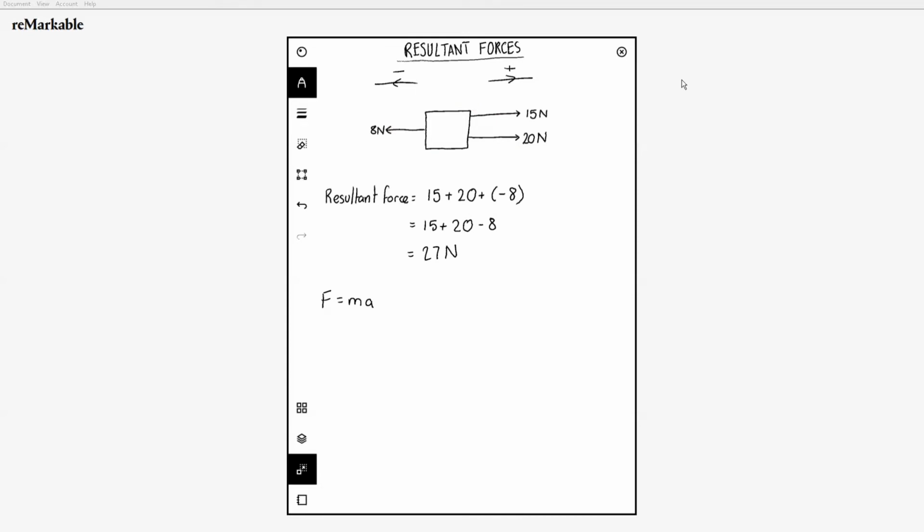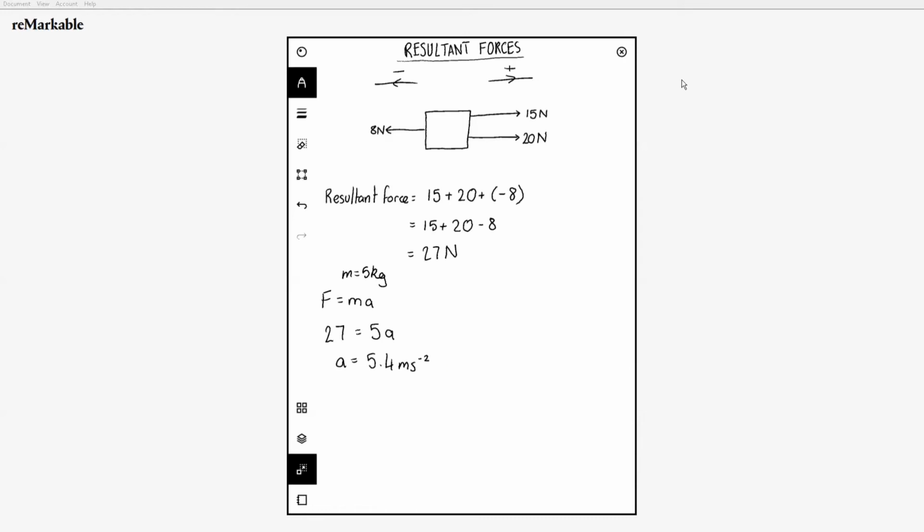So in this case, say this body has a mass of 5 kilograms. Then we go, okay, what's the acceleration? So the resultant force is 27 newtons, equals 5 times a. So then the acceleration is going to be 5.4 meters second to the minus 2.